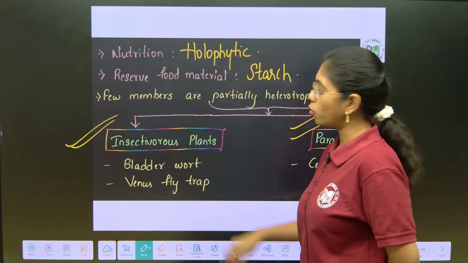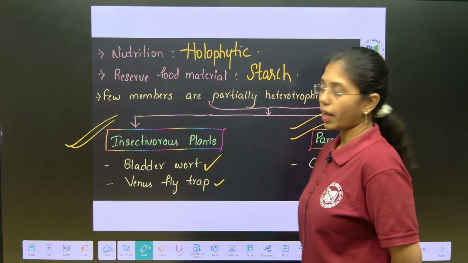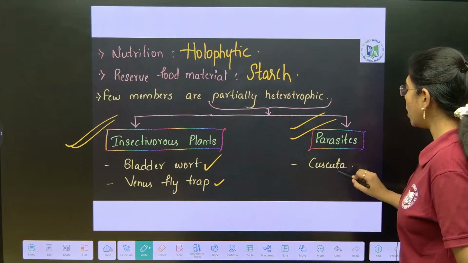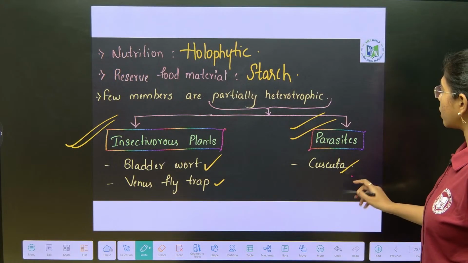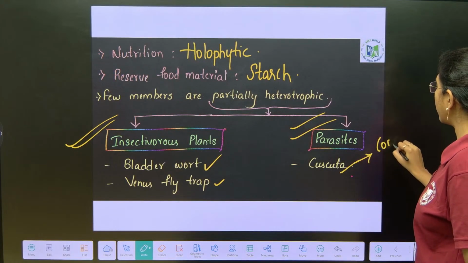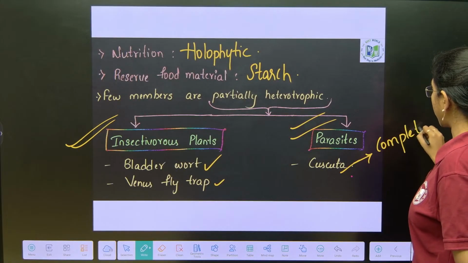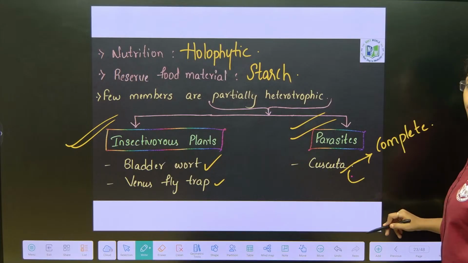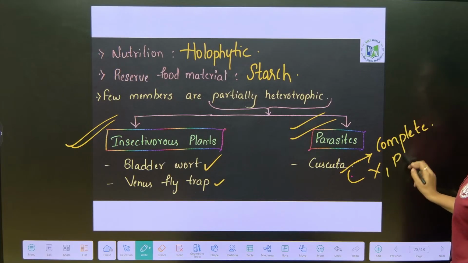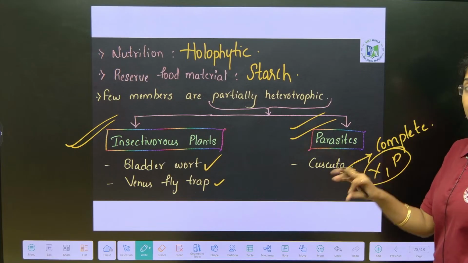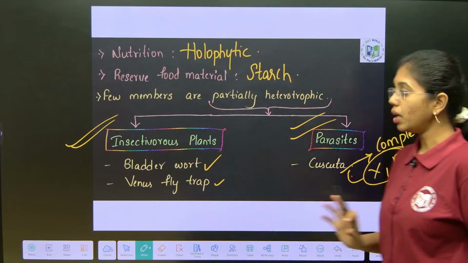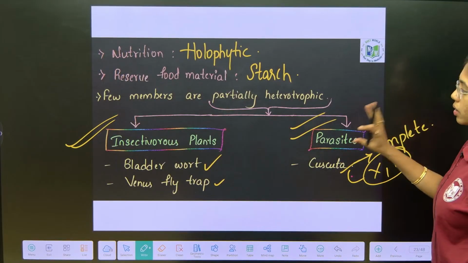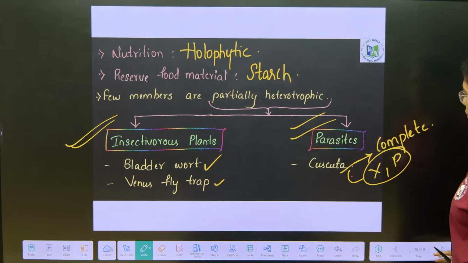Insectivorous plants include bladderwort and Venus flytrap, and parasites include Cuscuta. Cuscuta is a complete parasite, which dwells into both the xylem and phloem tissues of the host plant. It grabs both the minerals and nutrients from the plants. So, these are the partially heterotrophic plants from the plant kingdom.